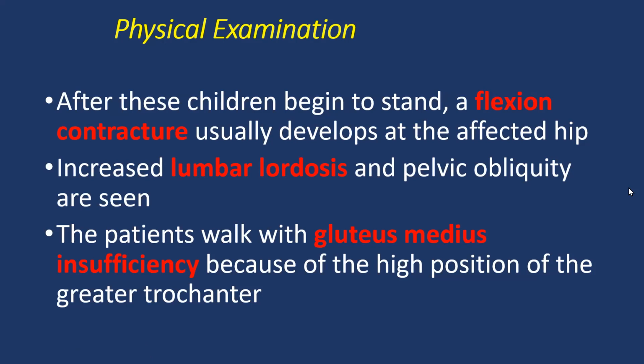They will suffer from back pain when they walk. And that's why if you have a bilateral DDH, they will have a duck waddle gait. A duck waddle, like a duck. And this can give the child pain. The patients walk, if it's unilateral, with gluteus medius insufficiency because of the high position of the greater trochanter.